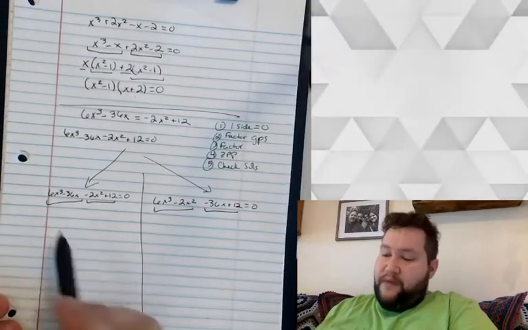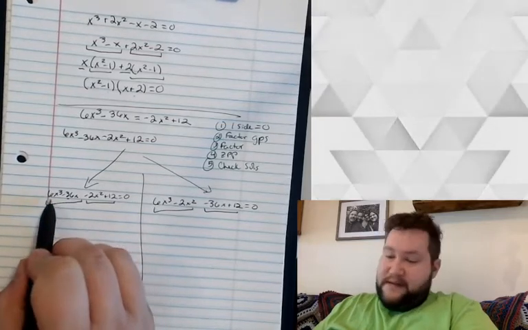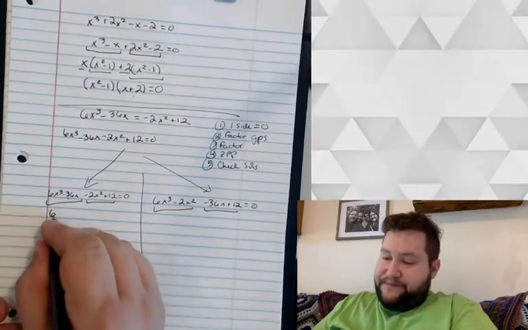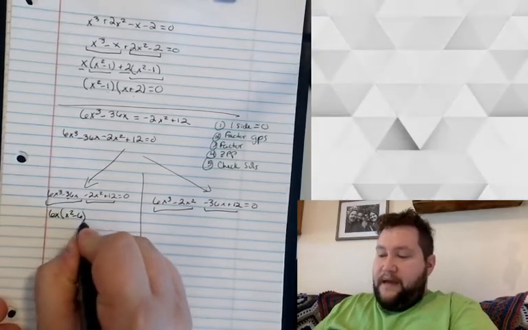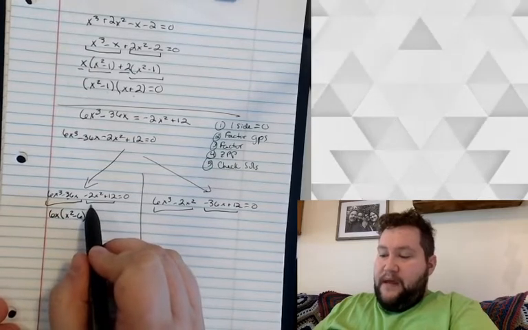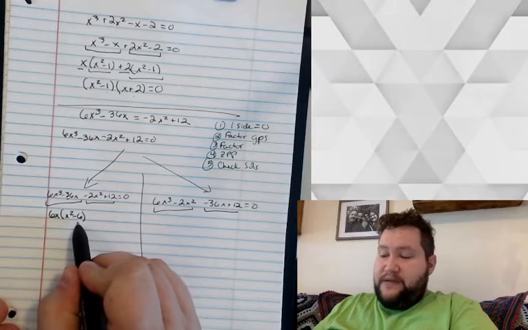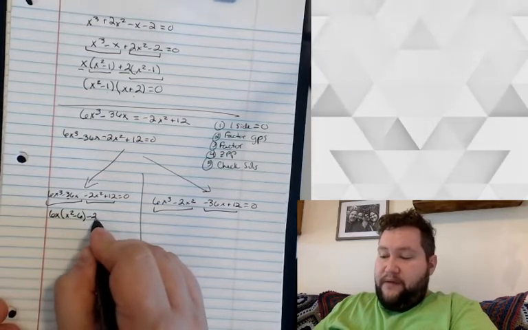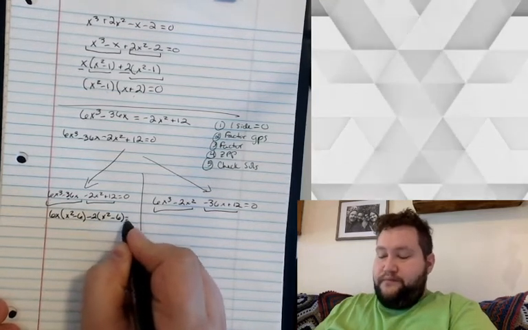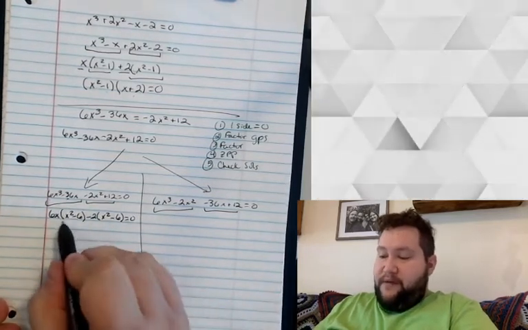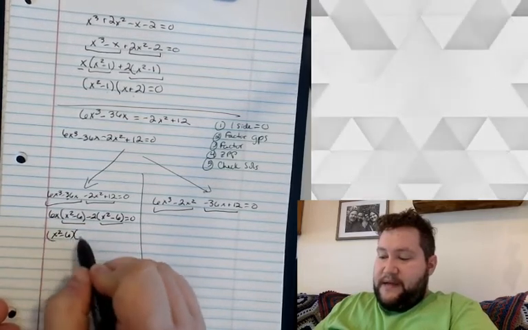So if we do this first one, each of these terms has a 6, and each of them has an x as a factor. So I'll take a 6x. I'm left with x squared minus 6. And then I look at this one, keeping in mind I'm going to want an x squared minus 6. And so we'll take a negative 2 out, so we're left with a positive x squared and a negative 6. Since we have this common to both, x squared minus 6 times 6x minus 2.